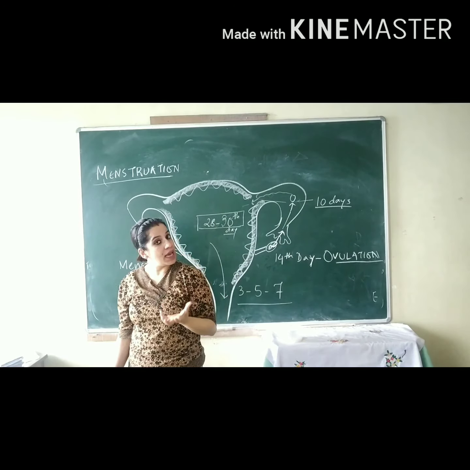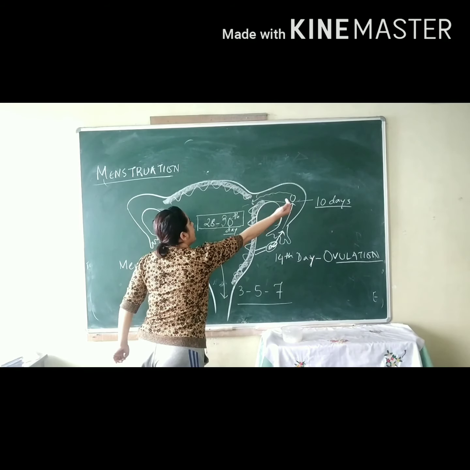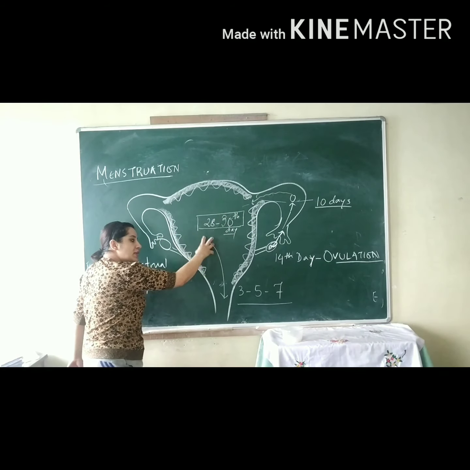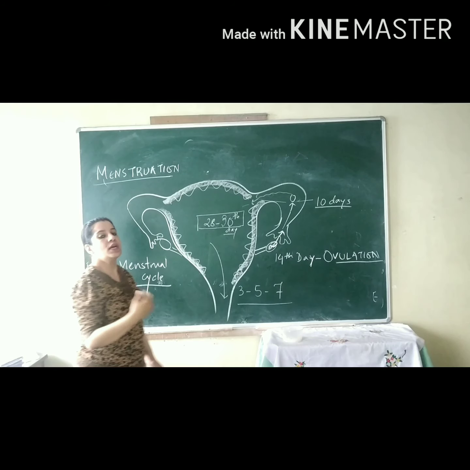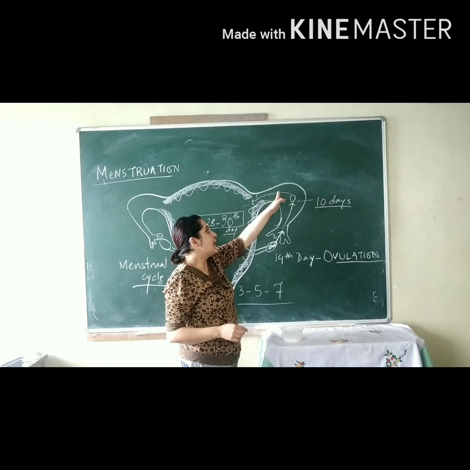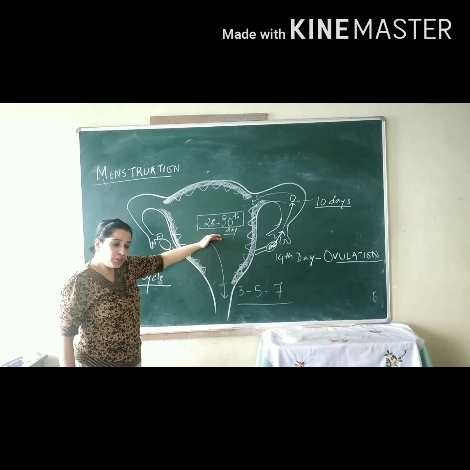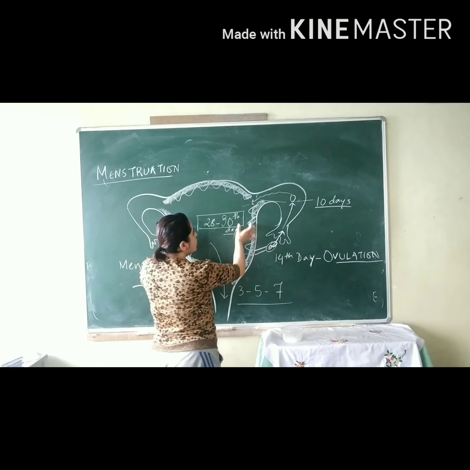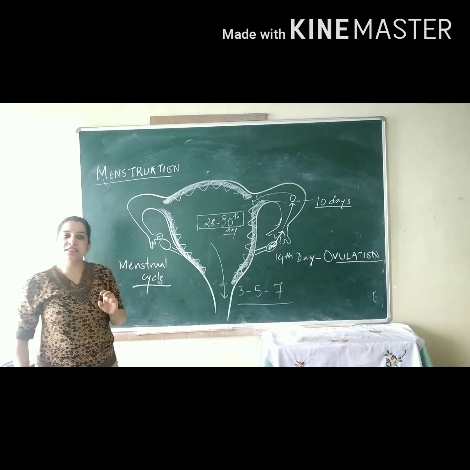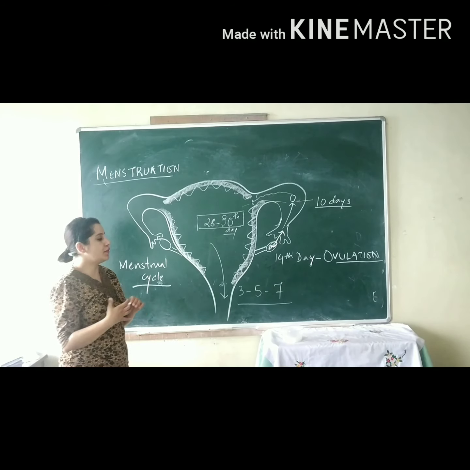If there is fertilization, then a zygote is formed and enters the uterus. But suppose there is no fertilization, the ova or the egg slowly disintegrates and dissolves in the uterus. The uterine wall had prepared itself to receive the zygote or the development of the baby.